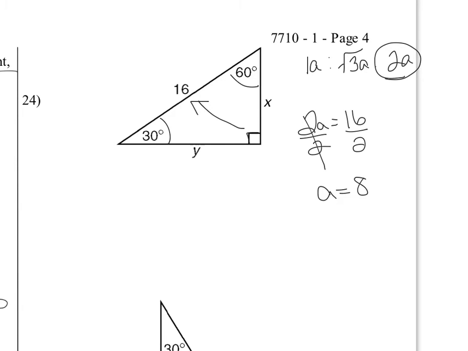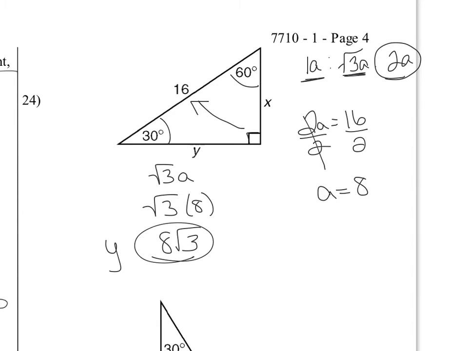A is 8, and we can find the other two sides. So this one here is radical 3a. So we just plug in 8. And we usually write it like this. 8 radical 3 is your y.